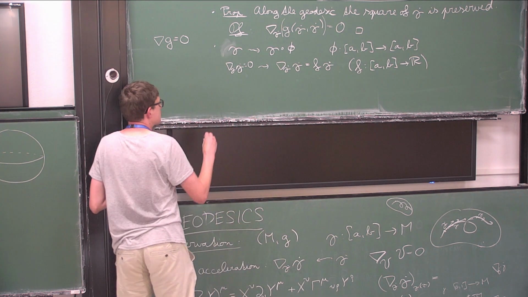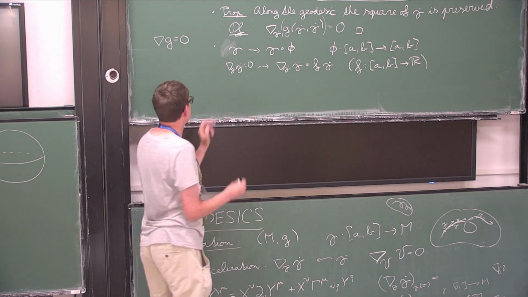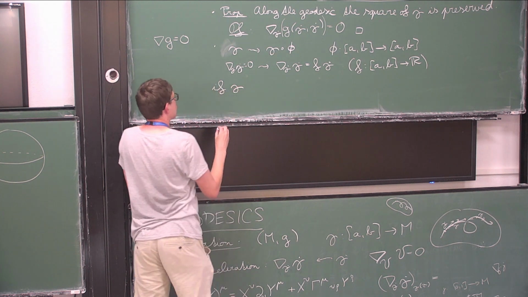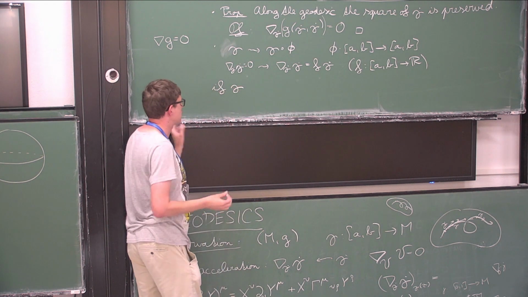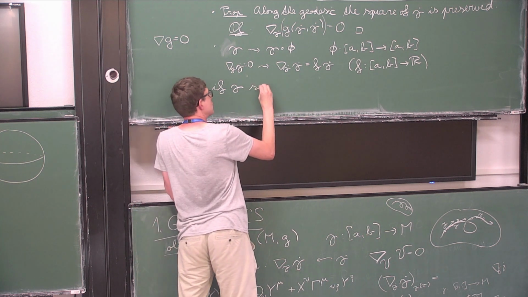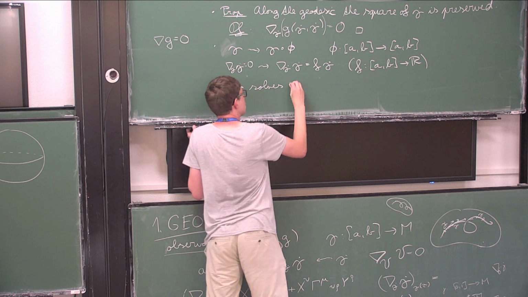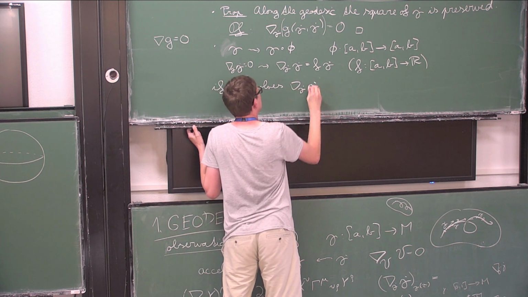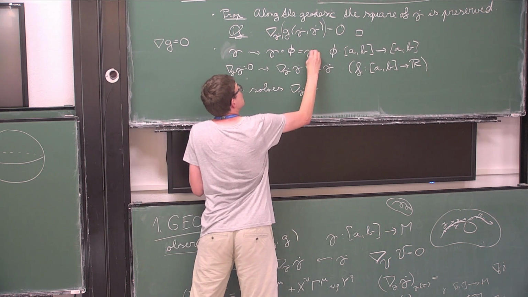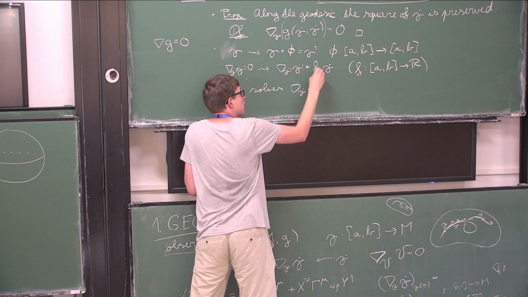But fortunately, it also works the other way. This is a converse statement. It's just a consequence of some ODE existence and uniqueness things. If gamma solves this equation, let me call this gamma prime and claim that this is for gamma prime.